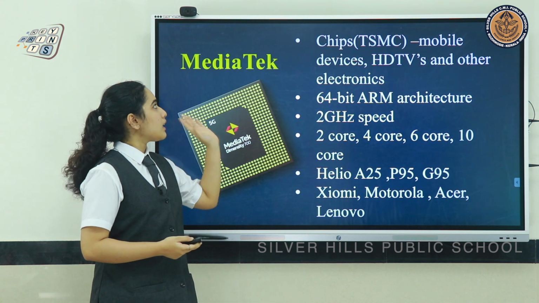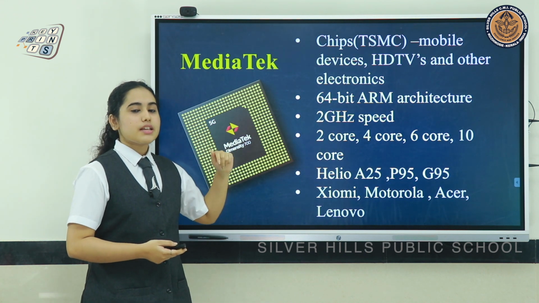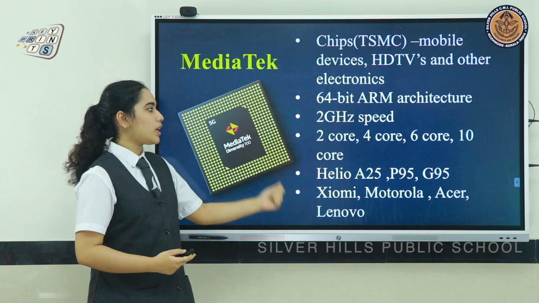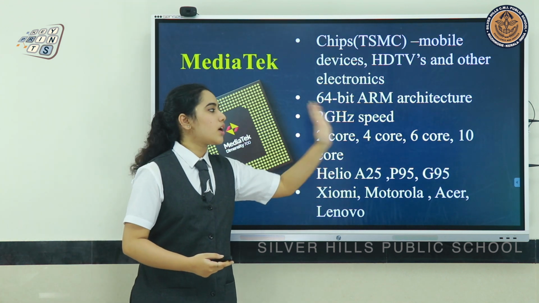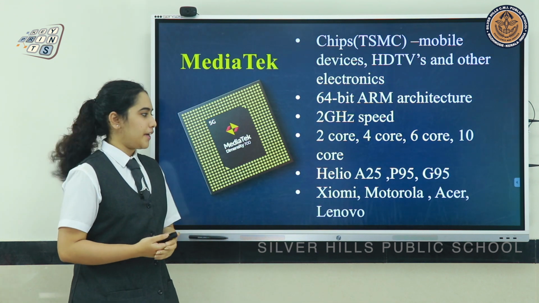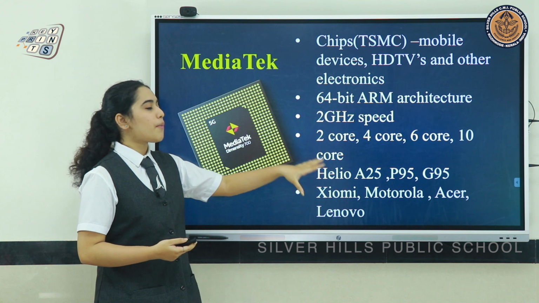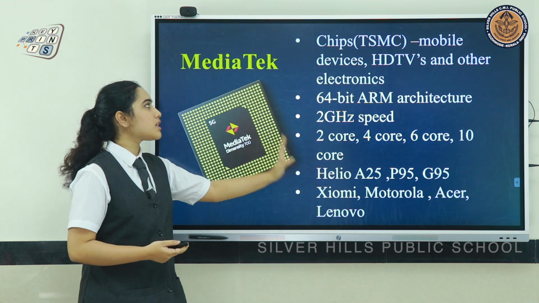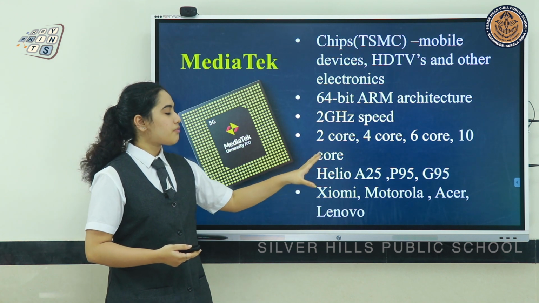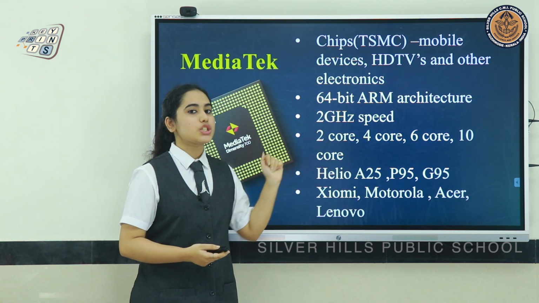The advantage of MediaTek is that they provide various core processors, that is you can have dual core, quad core, hexa core, and even deca core processors manufactured by MediaTek. These are some of the major processors manufactured by MediaTek: Helio A25, Helio P95, and Helio G95.